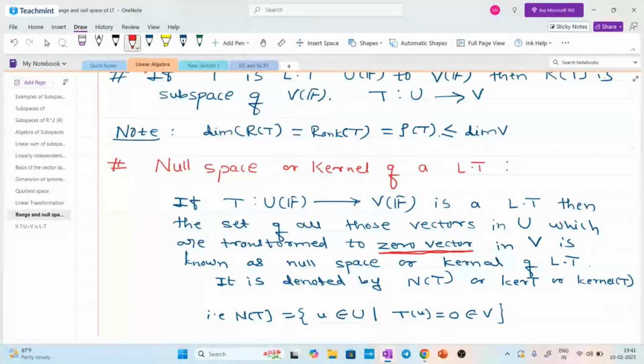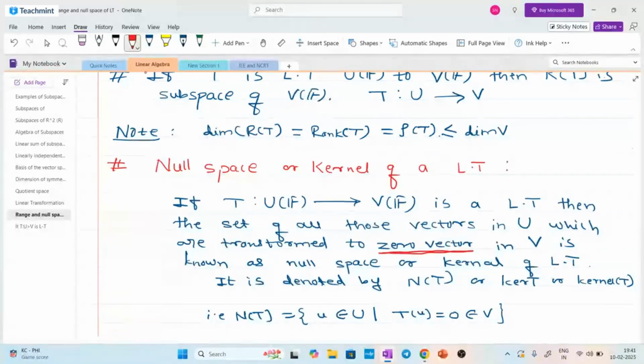That collection is known as the null space or kernel space of the linear transformation. I hope all of you understand this definition of the null space and kernel space of a linear transformation.